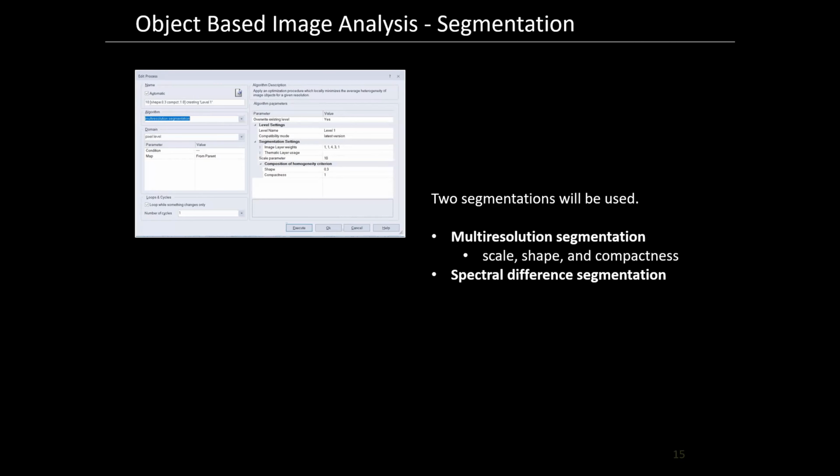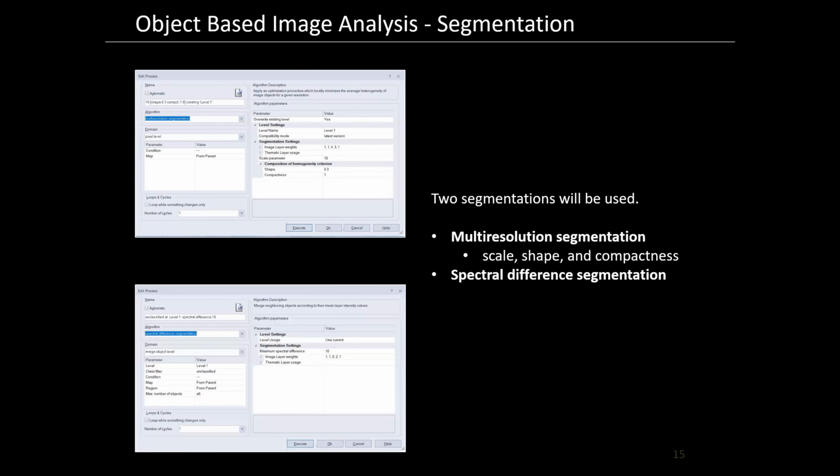The second segmentation is a spectral difference segmentation, and this one is useful for long linear objects like streams or roads, and it lets you group and merge neighboring objects into the central object. So yeah, like I said, very useful for long linear objects.